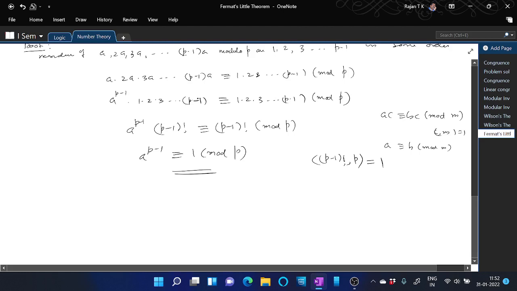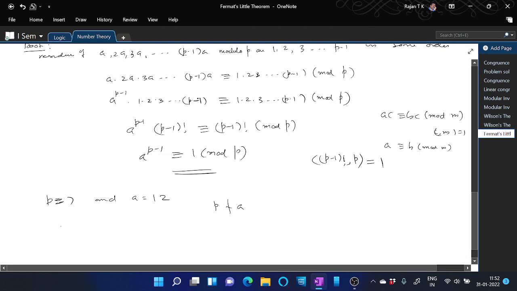Now, let us illustrate this Fermat's little theorem by taking the example P equal to 7 and A equal to 12. Here P does not divide A; 7 does not divide 12.